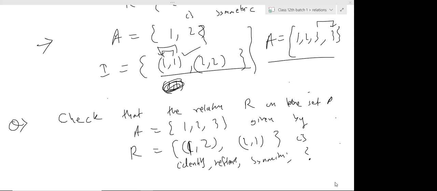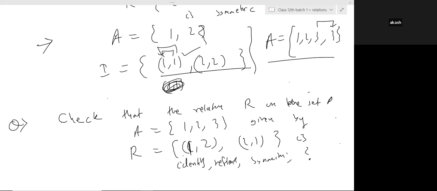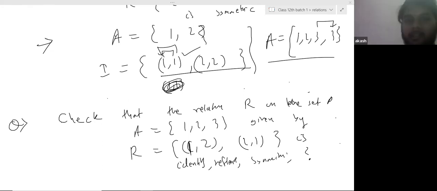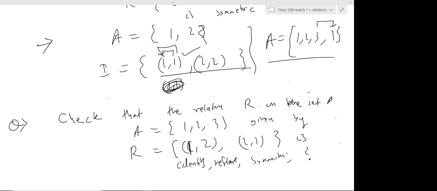Sir, is my answer correct? Right, Shikhani, your answer is absolutely right. You are saying it is reflexive. How is it reflexive? Sir, it is (1,1), (2,2). Right, but what is reflexive relation?